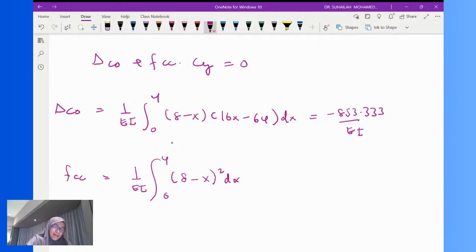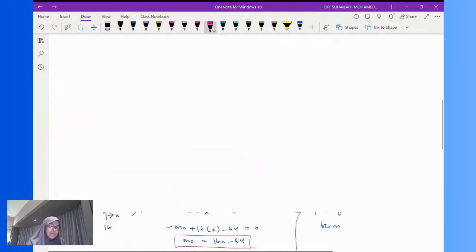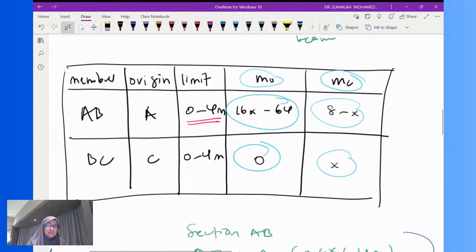Okay, we have to plus 1 over EI from 0 to 4 for member BC. 8 minus X for member AB, and we have X for member BC, so this is X square dx. We get from the table.